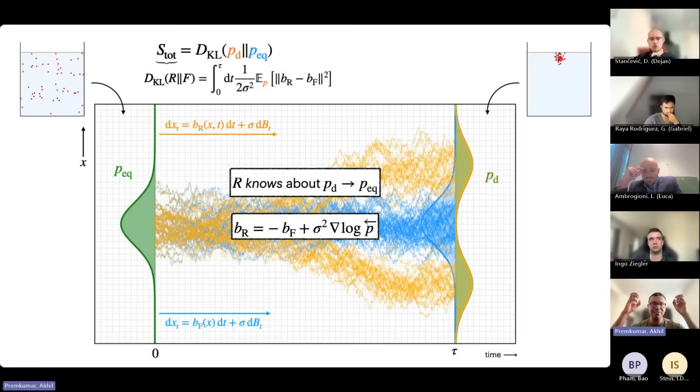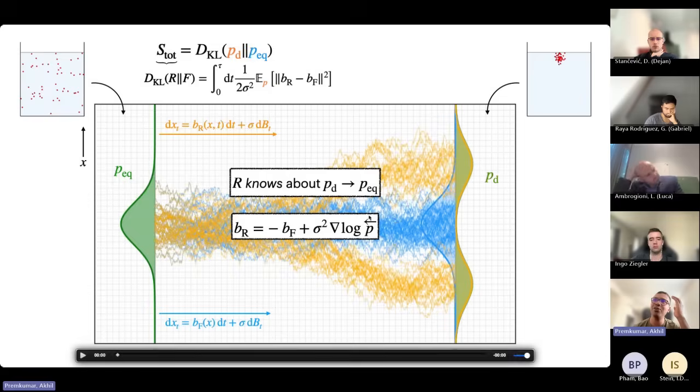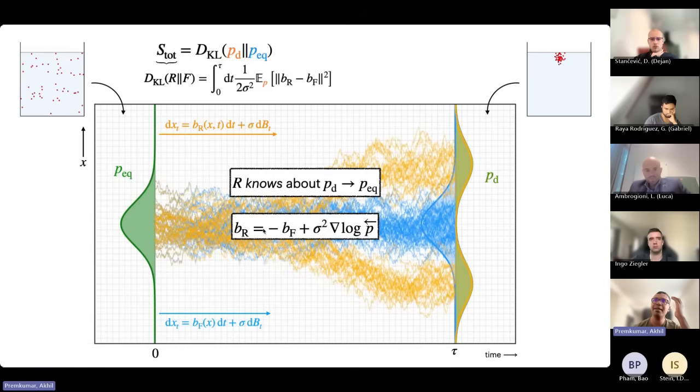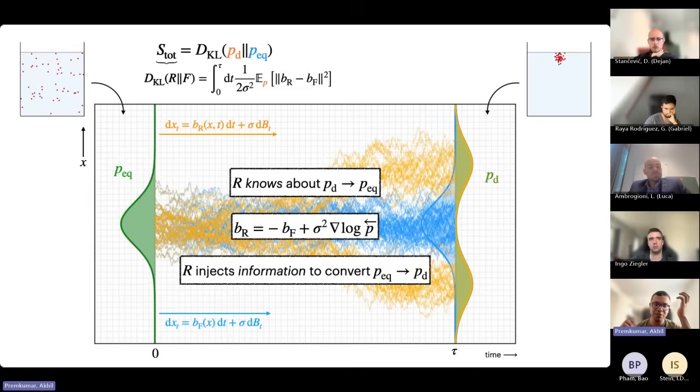This information is captured by the score term, which is grad log P, and I put a little arrow to the left to indicate that this score is evaluated on the forward process. What the reverse process is doing is injecting information that was eroded away in the forward process to convert P_equilibrium back to P_D. So it's like a thermodynamic cycle.